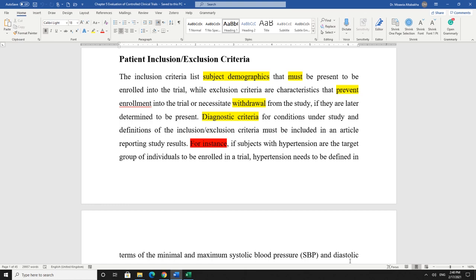Remember that the design, and that's what we talked about in the last video, should be suitable to the objective of the work. If you are attempting to see the efficacy and safety of a drug, the best research design is not an in vitro test, for example.